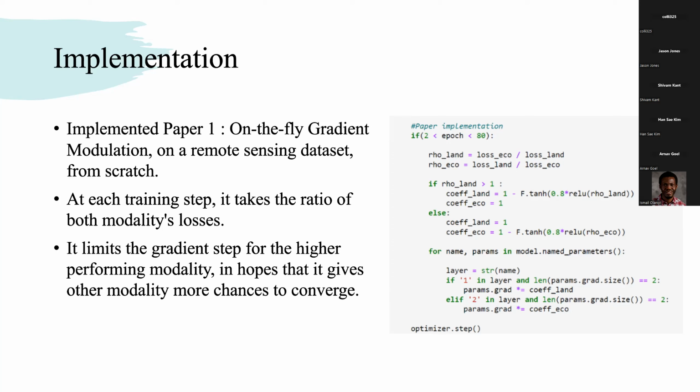I assumed that my ratios are the opposite of the losses. So the ratio for the Landsat would be the other's loss divided by its loss, whereas in their paper, it was the softmax of Landsat divided by the softmax of EcoStress. Theoretically speaking, this would be my implementation.